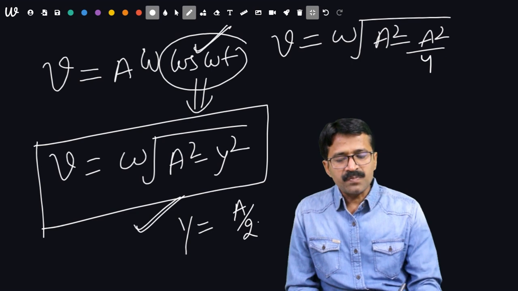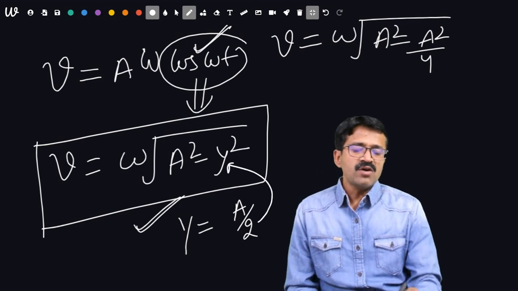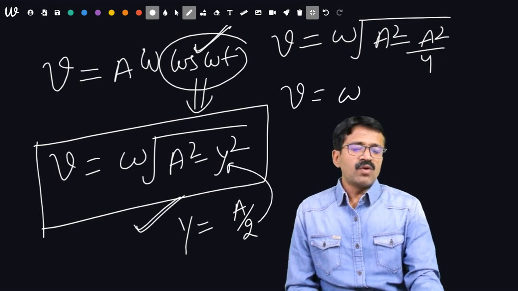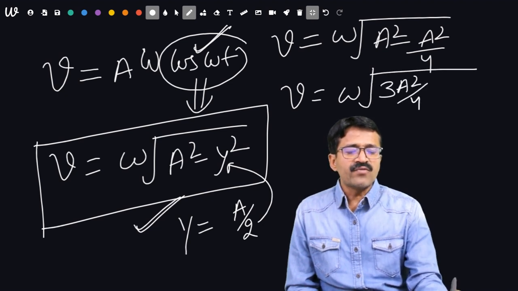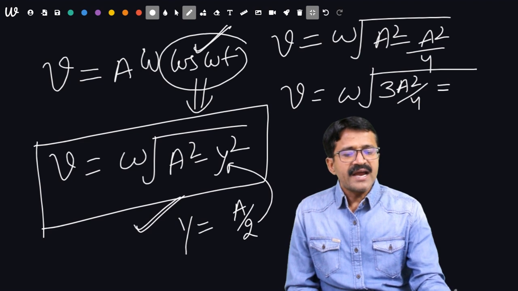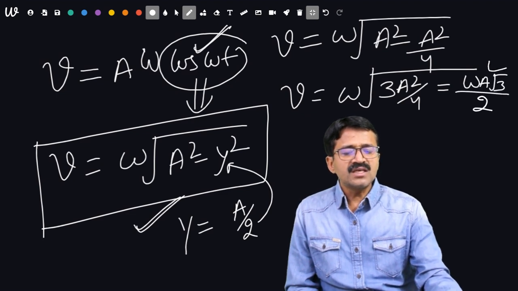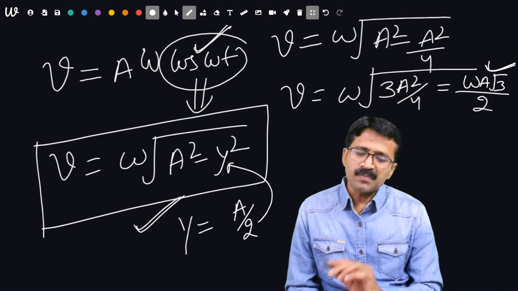This a by 2 is placed here. Then v is equal to omega under root 3a square by 4. Then you will get the result, omega a root 3 by 2. This is the velocity at that place.